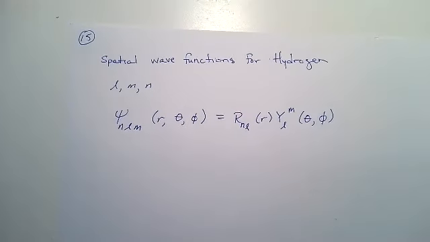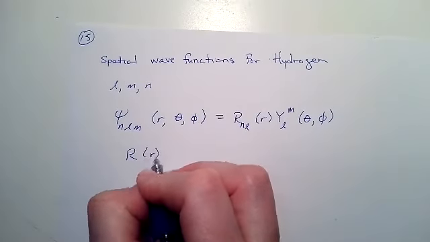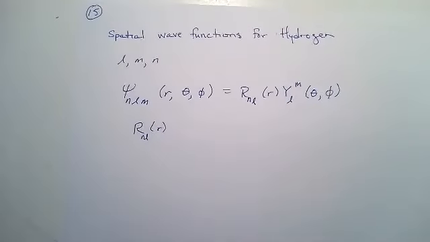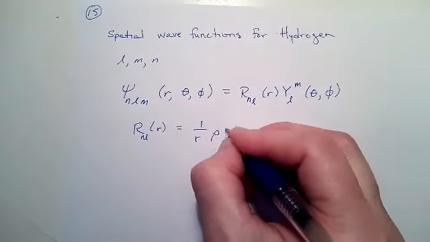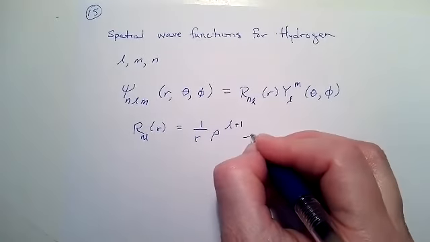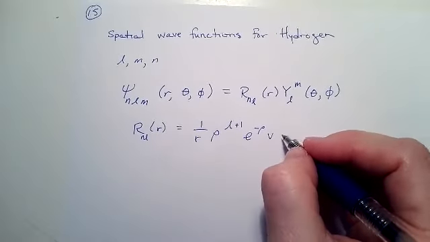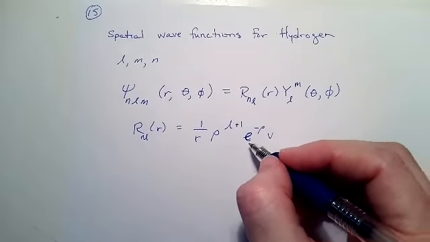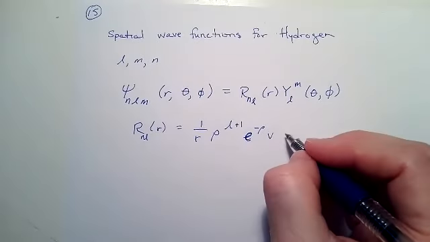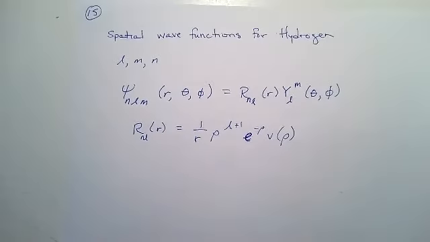All right, so if we refer back to our previously worked solutions for all of these things, the radial portion of this, which again we need n and l to help us describe, is 1 over r times rho to the l plus 1 power times e, and this is e as in our natural number, not our charge. That's not confusing. To the negative rho, and then this function of rho.